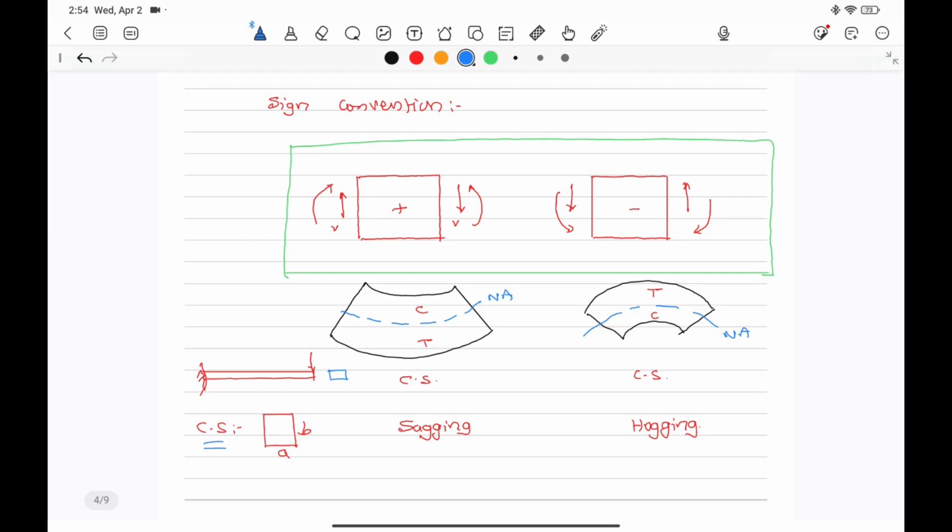And whenever there is a force, whenever there is a load, or whenever there is a bending moment, whenever the beam bends, either in a sagging or a hogging, what happens? There is one axis called neutral axis, where there will not be any change in the length of the fiber. Here in sagging, lower fiber length increases, correct?